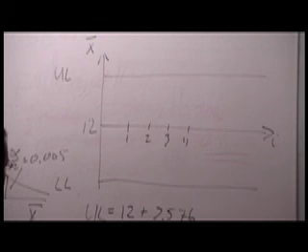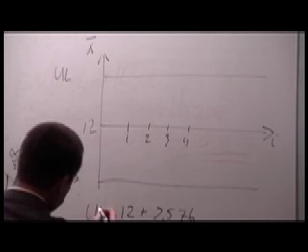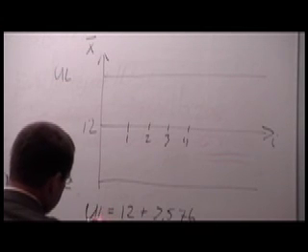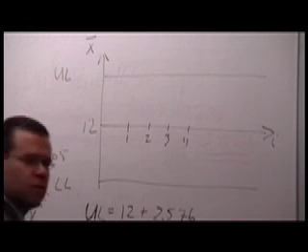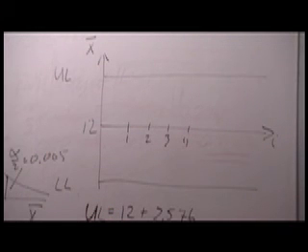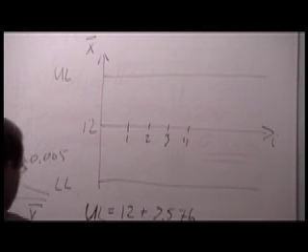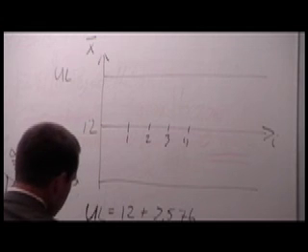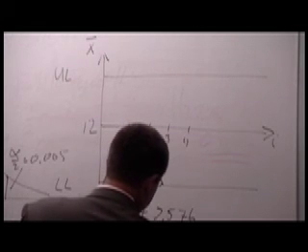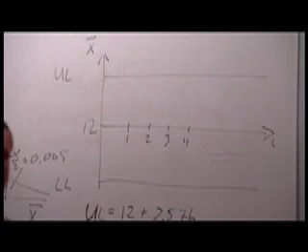Let's see, 12 minus 2.576 would be the lower level. Okay, so the lower level would be 12 minus 2.576. Actually, it's not quite right yet, so we need to.